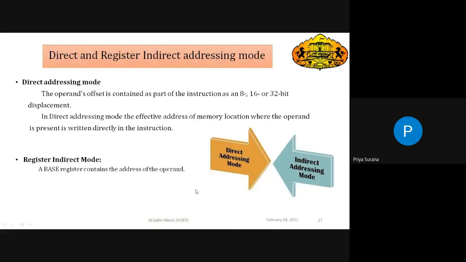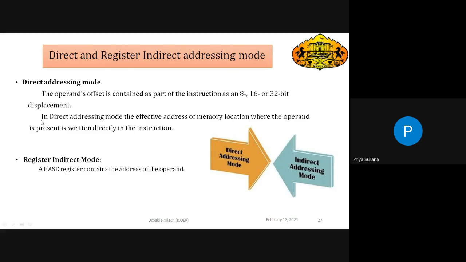The next type of addressing mode is direct and register indirect addressing mode. So first we will go through the definition. In direct addressing mode, the operand's offset is contained as part of the instruction as an 8, 16 or 32-bit displacement. It is given maximum up to 32-bit, as you are aware that 80386 is a 32-bit processor.